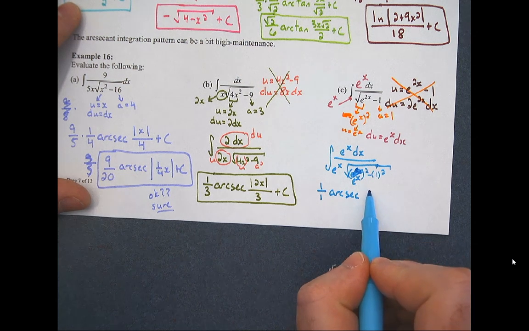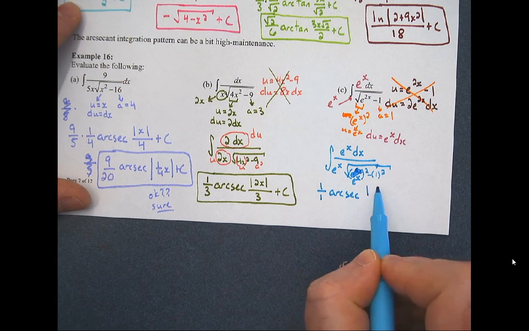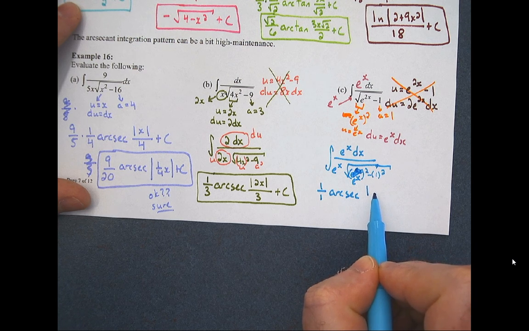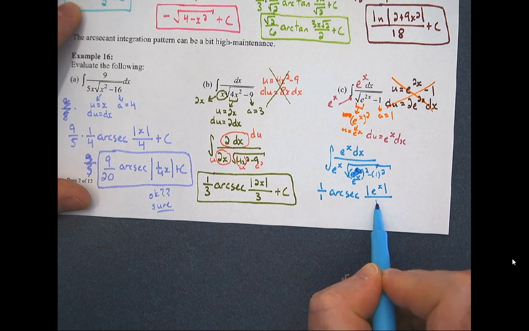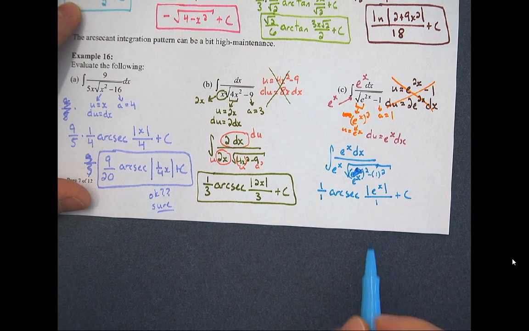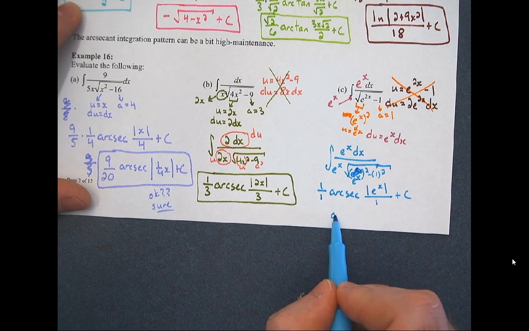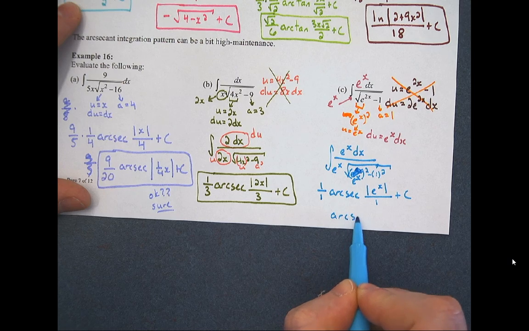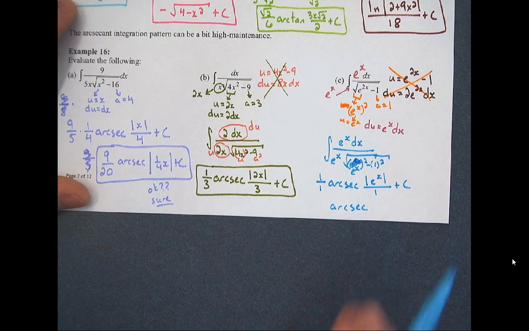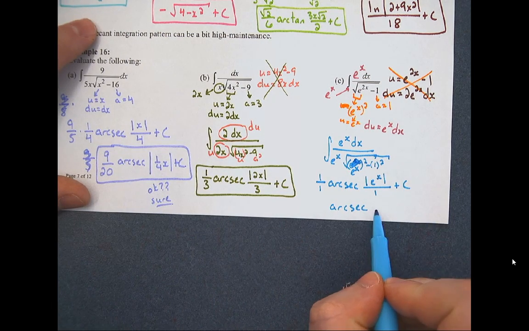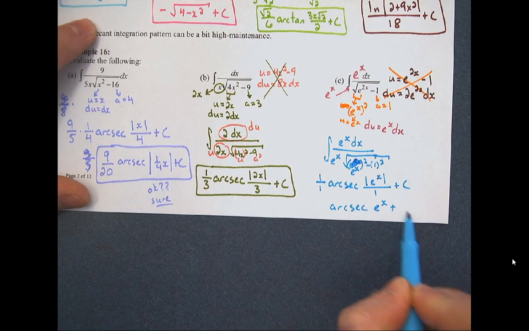So for us, absolute u would be e to the x over a, which was 1, plus c. So the 1 over 1 is 1. Arc secant of, what do we know about e to the any number? It's always positive, so we don't even need the absolute value, plus c.